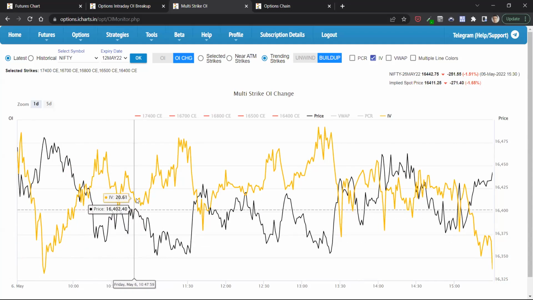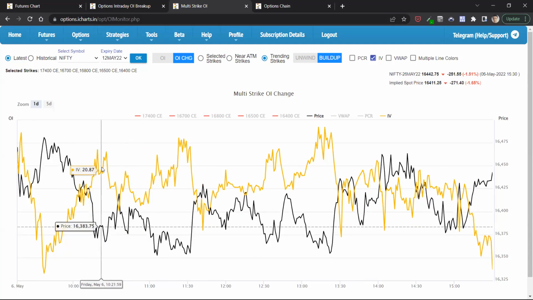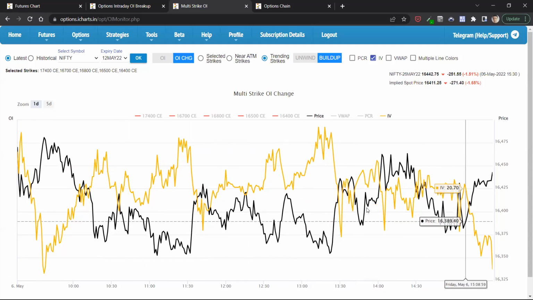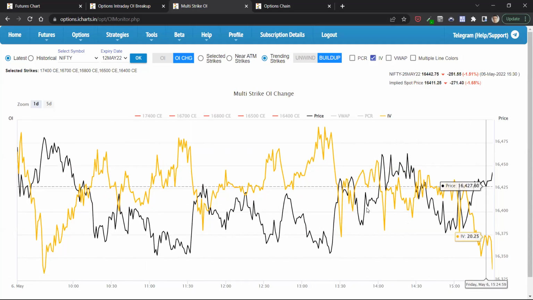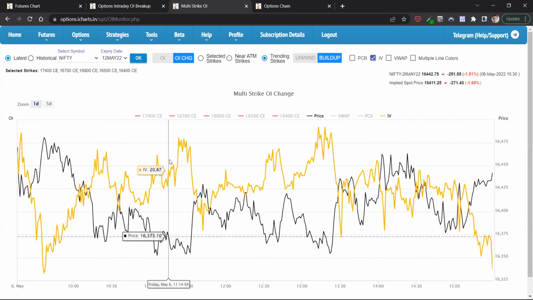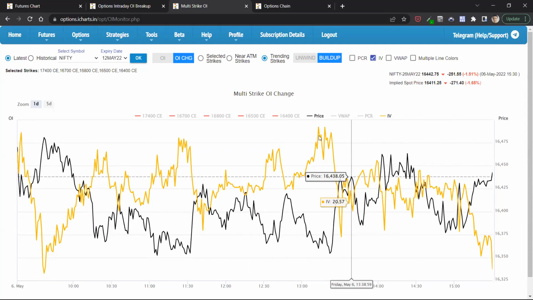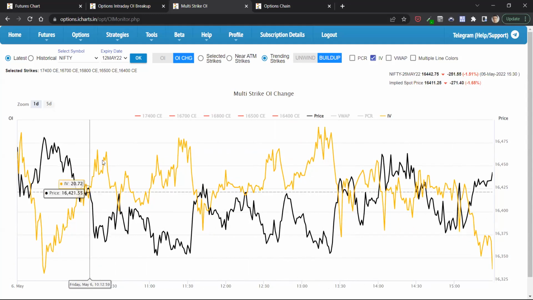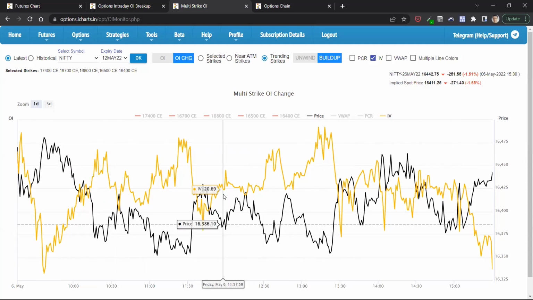Of course, it did not go down much, but then again you could add more here, and later IV went down at the end of the day. So there is a slight advantage when you sell options during an IV spike. That could be one of the things you can take a look at.